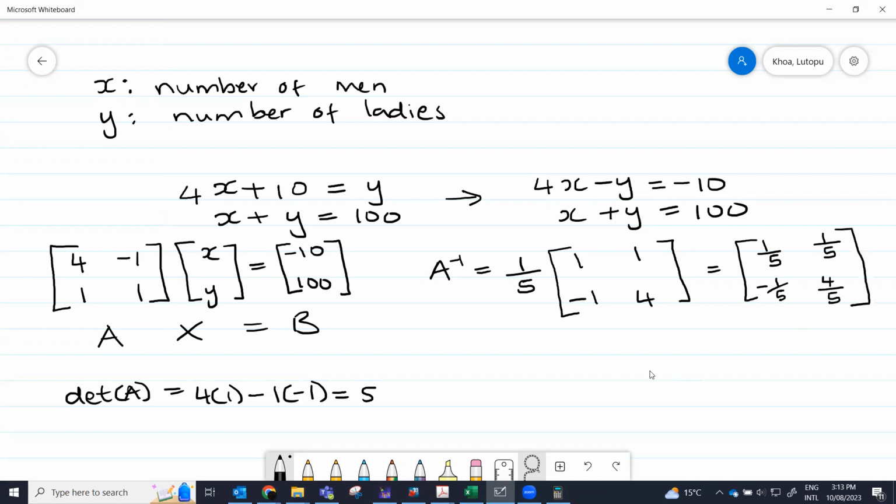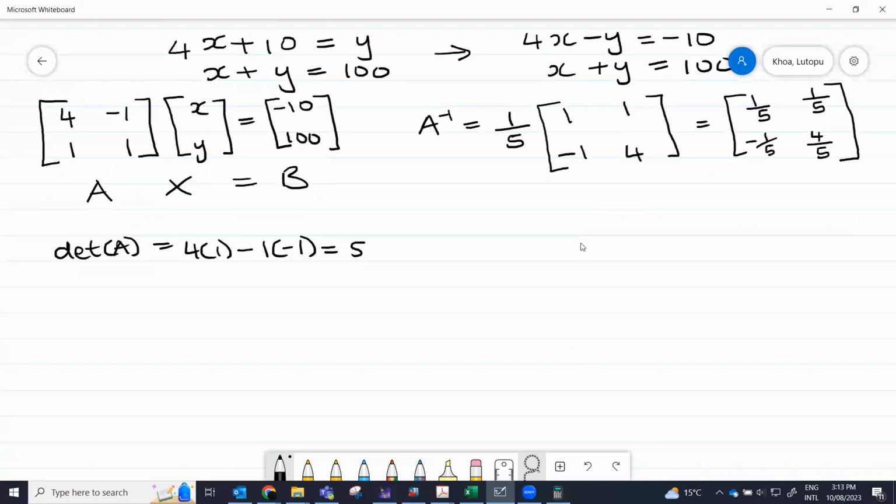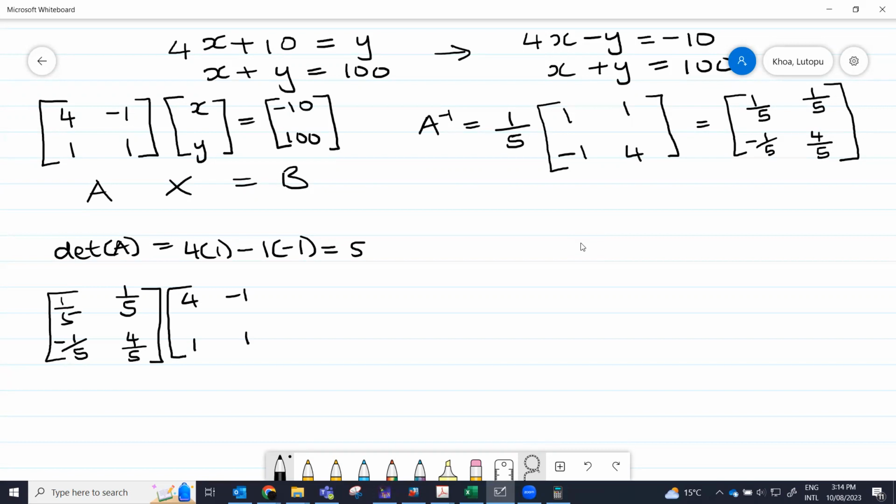Now you multiply the inverse on both sides of this equation.